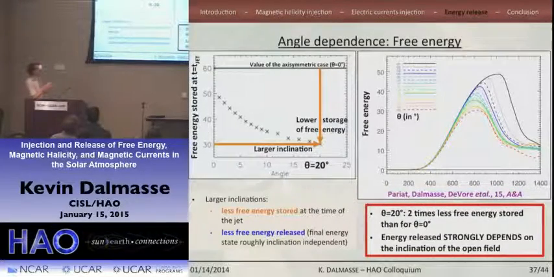The dependence on the inclination is strong, since for a 20-degree inclined magnetic field, the free energy release is only half the value for a vertical magnetic field.